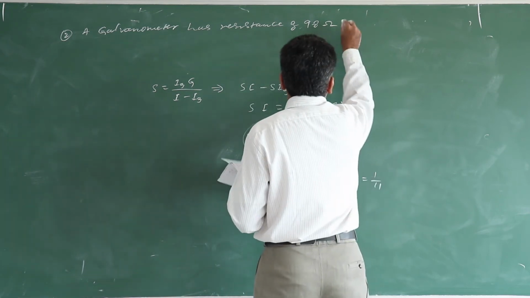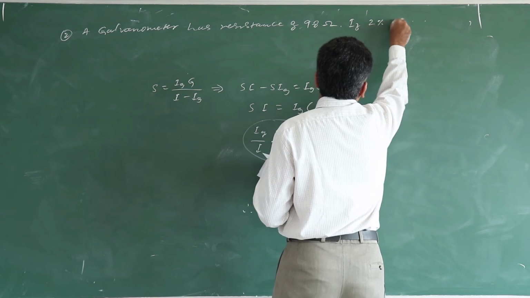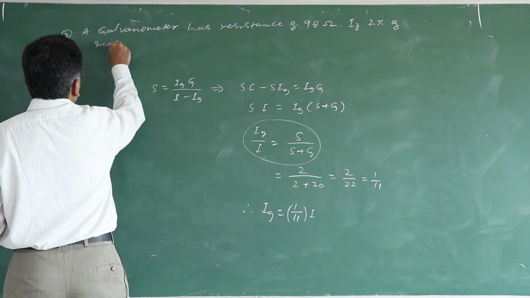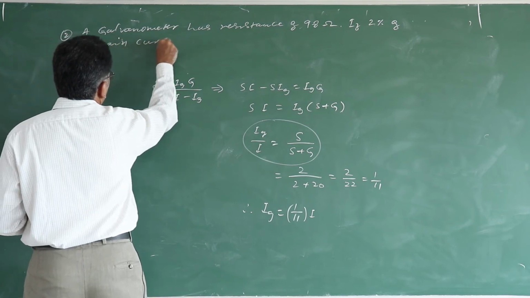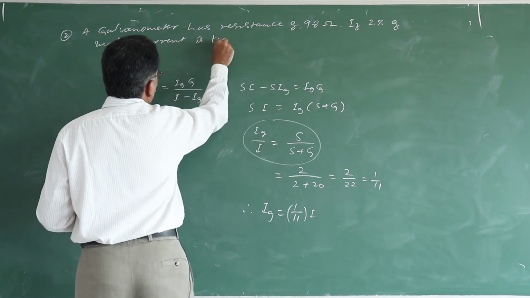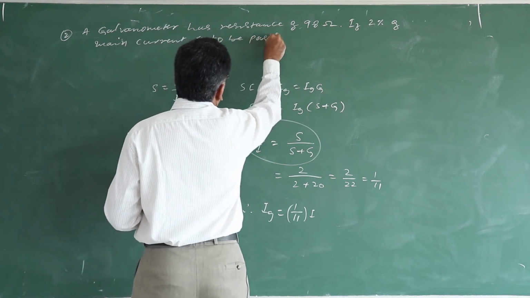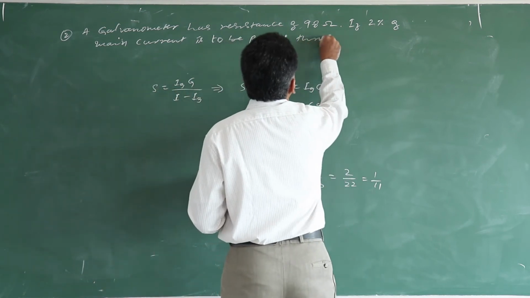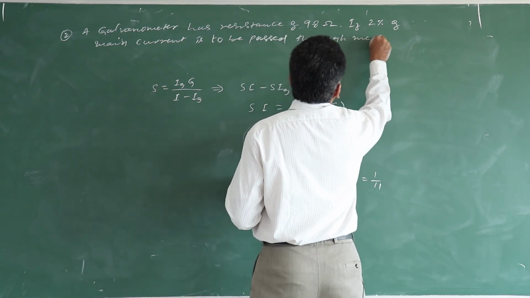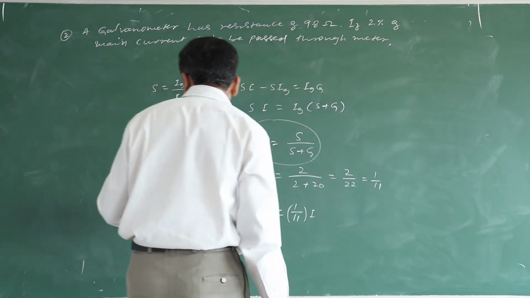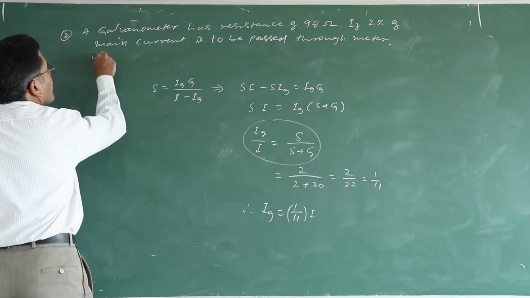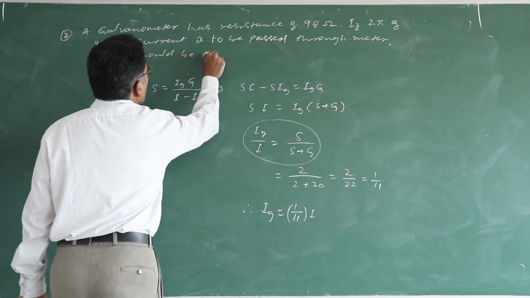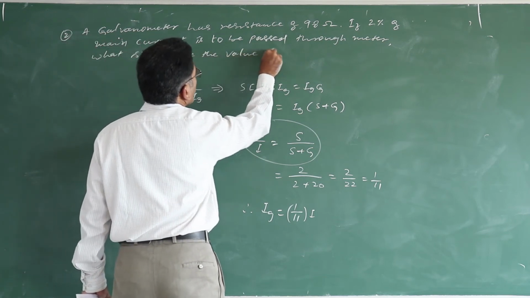If 2% of main current is to be passed through the meter, what should be the value of shunt?